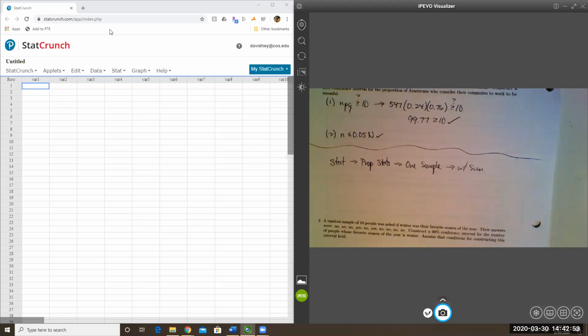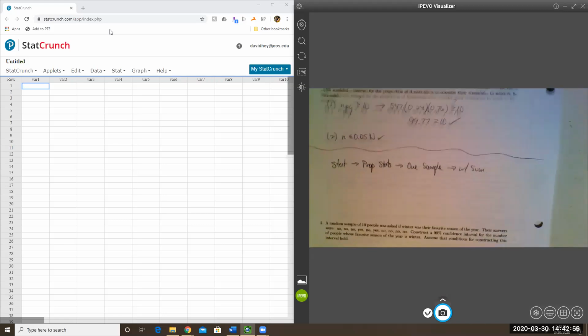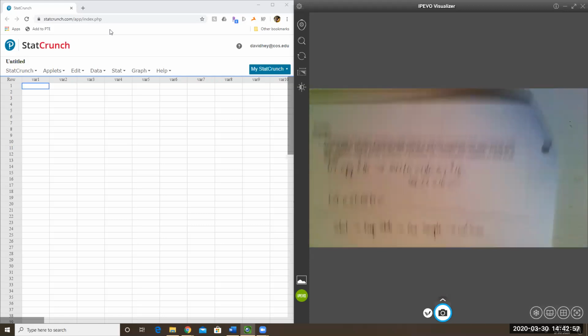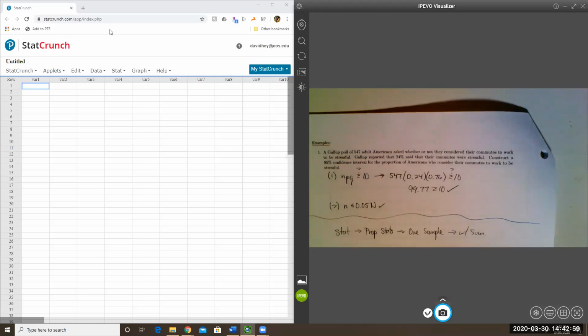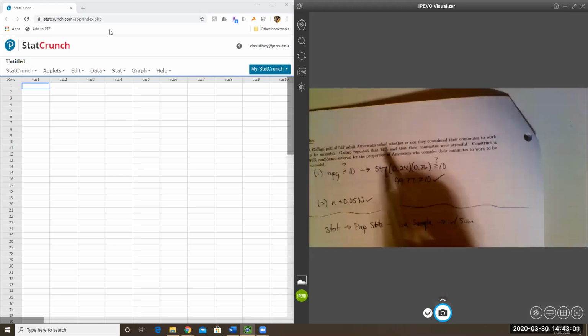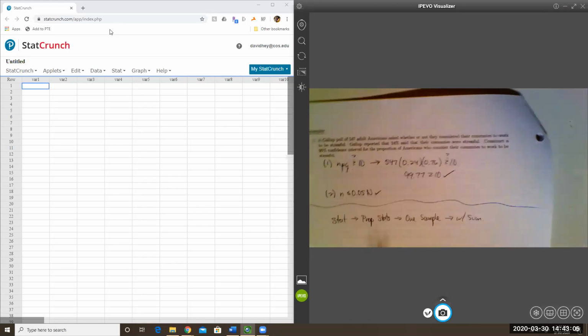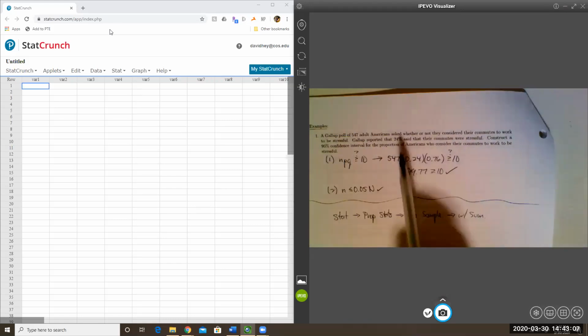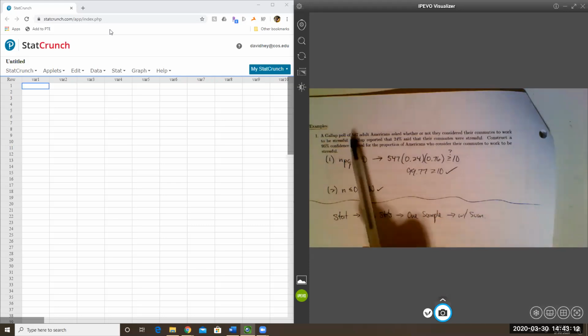We actually weren't told what the number of successes was directly, right? We weren't told like, 16 people said yes. Instead we were given a percentage. We were told 24% of people said their commutes were stressful. Well, 24% of what? It's 24% of the 547 people who were asked.